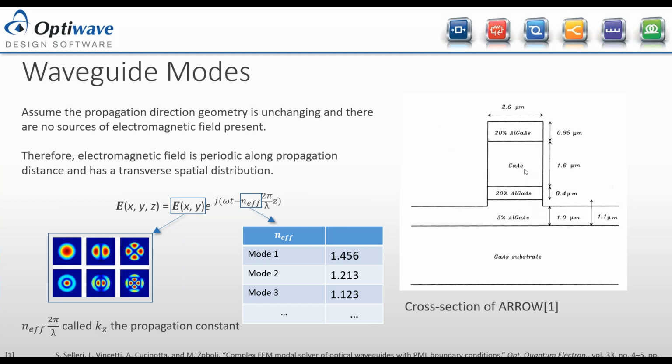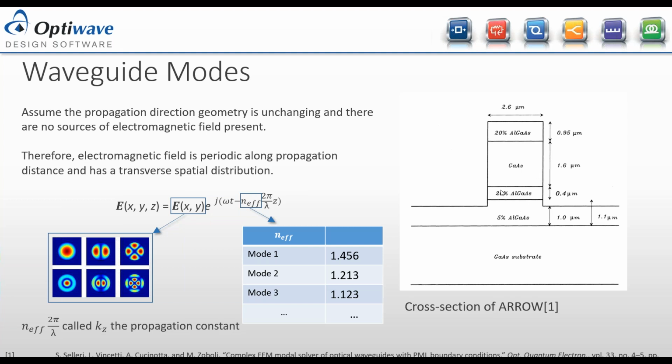And on the right, I'm just showing the cross-section of what we're going to be simulating later. It's the arrow structure, and it's made up of different dopants, different percentages of these semiconductor materials and aluminum arrayed in a structure like this. The interesting part of this structure is that since the substrate has the same refractive index as the core, it's going to be a leaky mode.